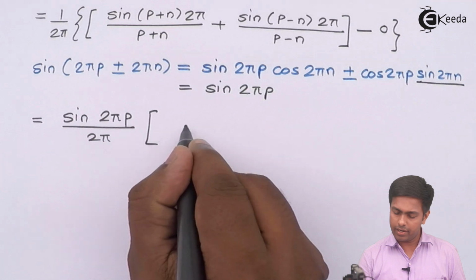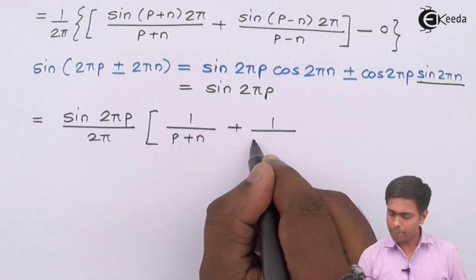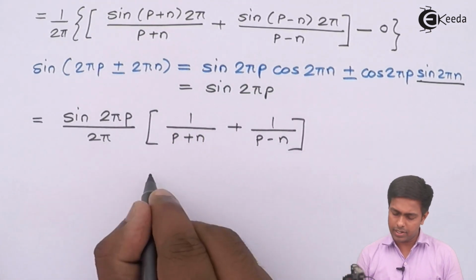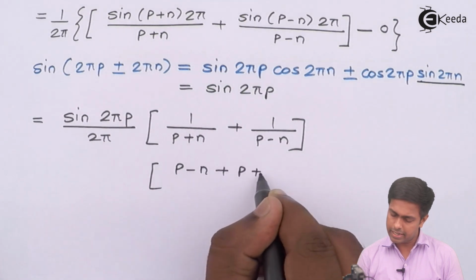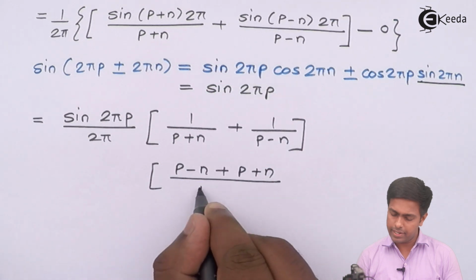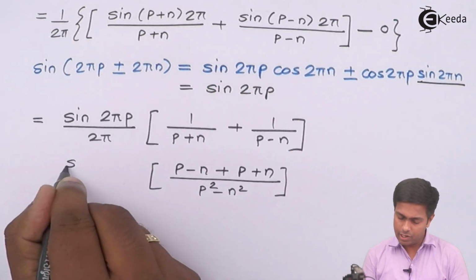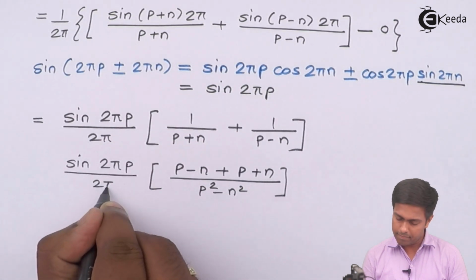In the bracket we'll get 1 upon p plus n plus 1 upon p minus n. Now let's solve this. By cross multiplication we will get p minus n plus p plus n upon, by multiplying these two terms, p square minus n square, and here sine of 2 pi p upon 2 pi.